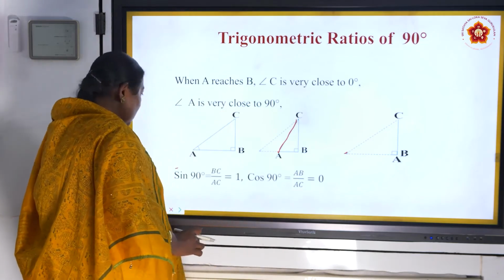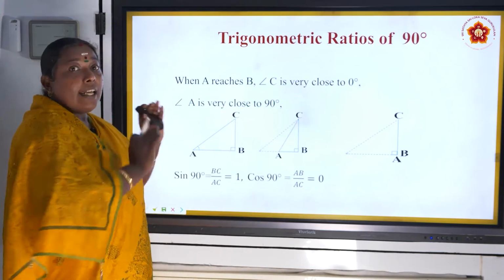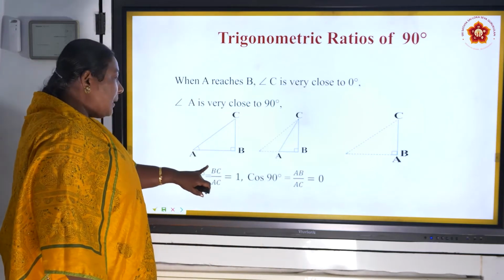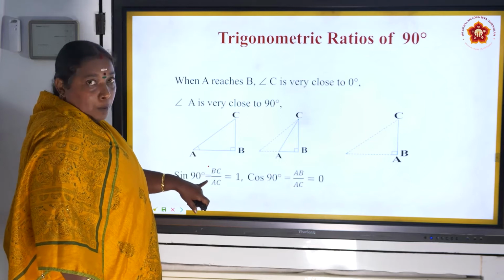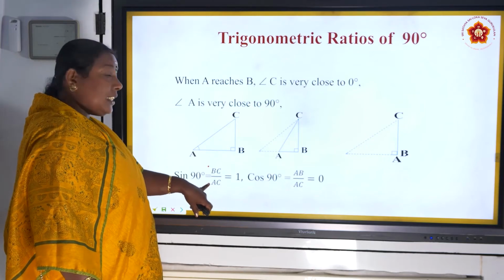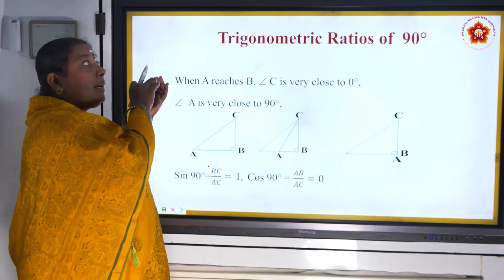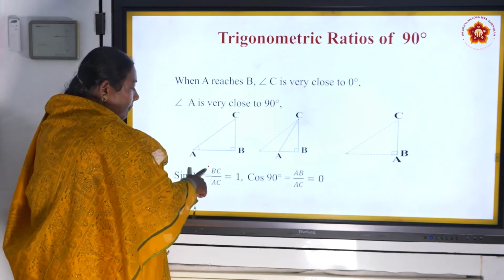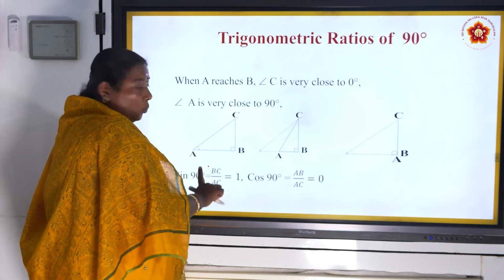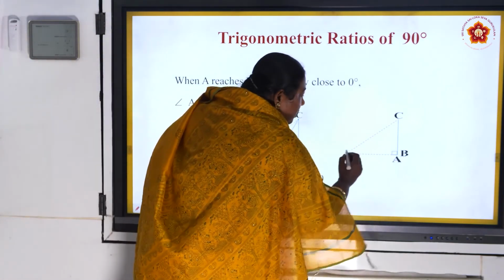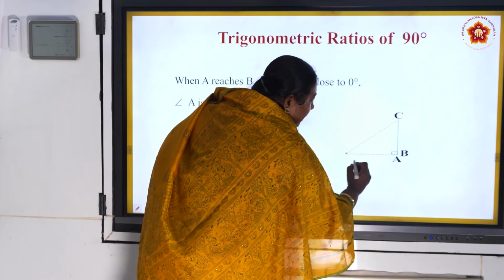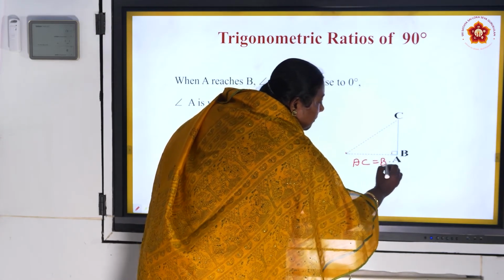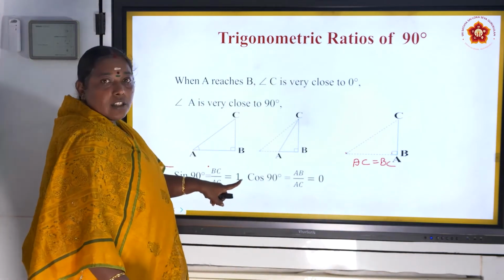Is it right? So that is what happened here when A moved to B. My hypotenuse reaches my opposite side BC. So it becomes 1. BC by AC is equal to 1. I think you understood this from here to here. My AC reaches here, so it becomes BC. So it is equal to 1.